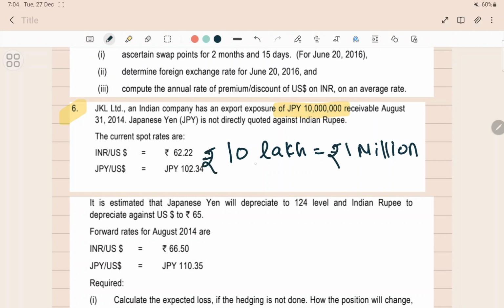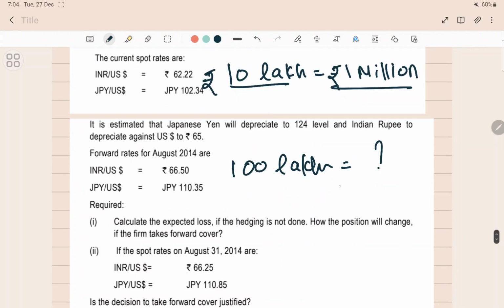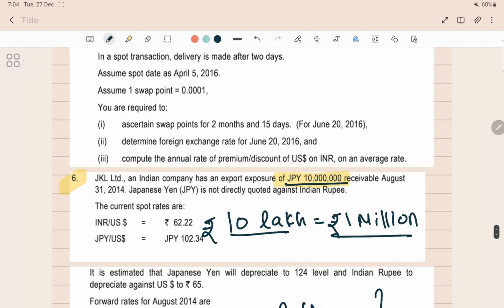What I'm doing is just converting from lakhs to millions, and similarly you can also do crores to billions. So therefore 100 lakhs would be how much? If we cross multiply, this answer comes to 10 million. Okay, so this is JPY 10 million.